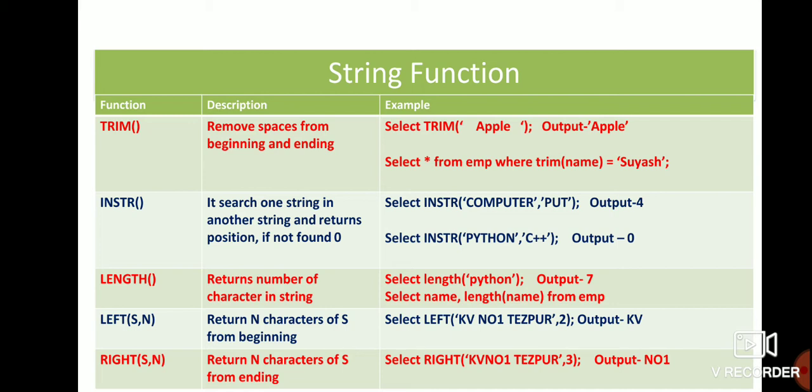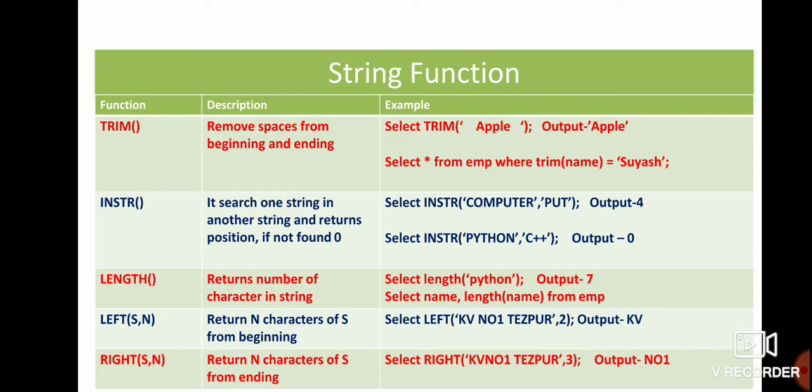So put is what? Put comes after in the fourth position. See, C of computer, C in the first position, O in the second, M is in the third, and P is in the fourth position. So you will get the output as 4.